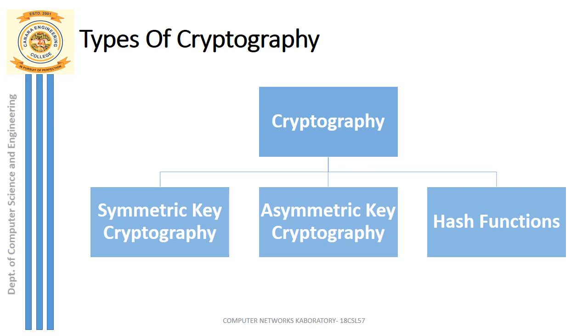The second type is asymmetric key cryptography, where sender and receiver utilize different keys for encryption and decryption respectively. And the third one is hash functions. Here we don't use any keys, but we find hash values for the particular message. But hash functions are not in the scope of this discussion.